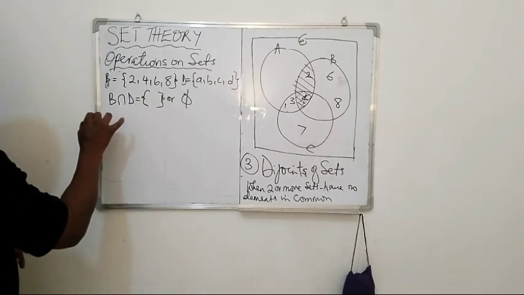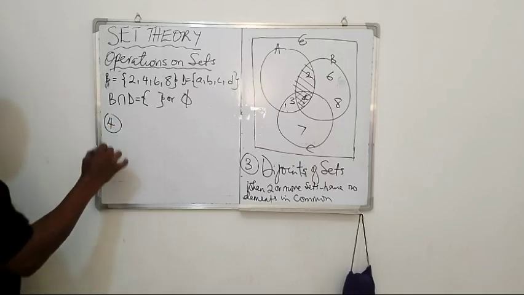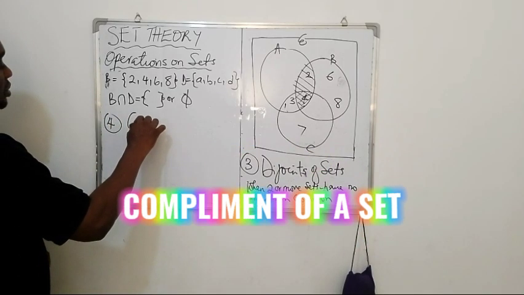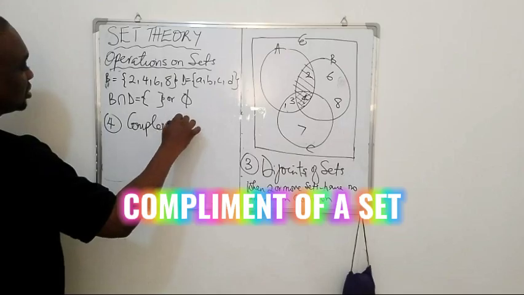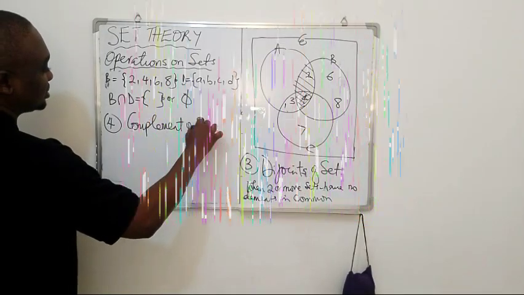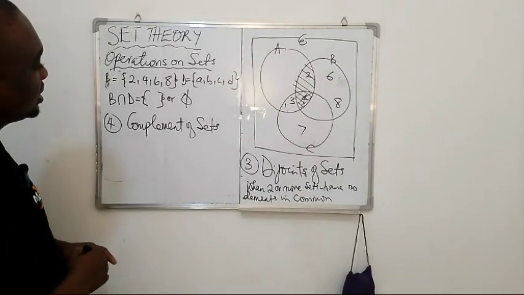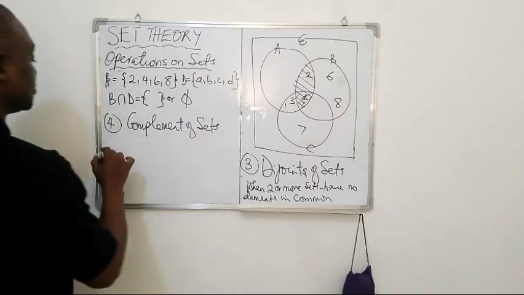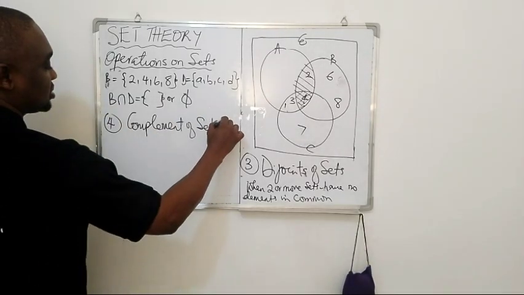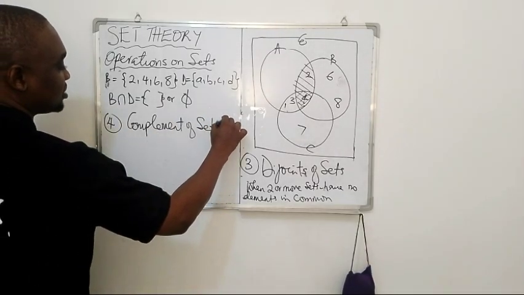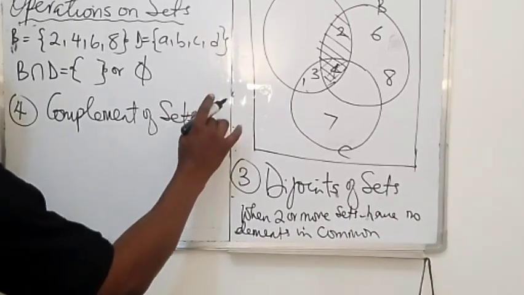The next set operation I want us to talk about is called complement of sets. The symbol for complement of sets is, if that set is set A, you have A prime.